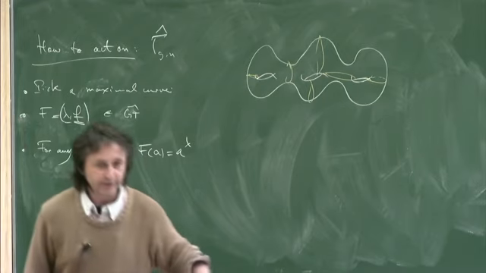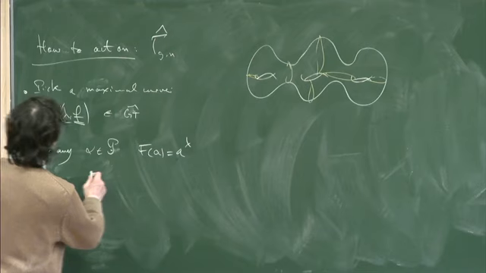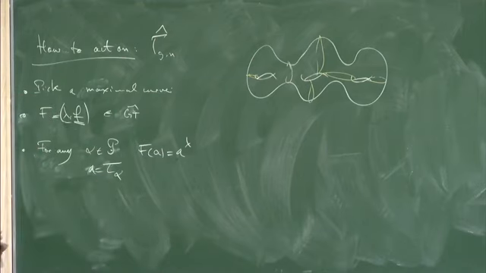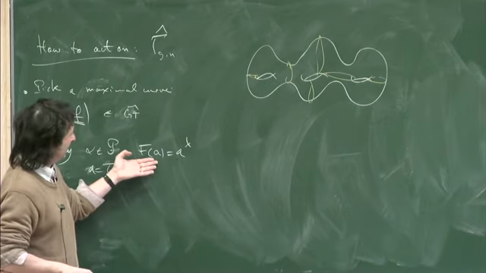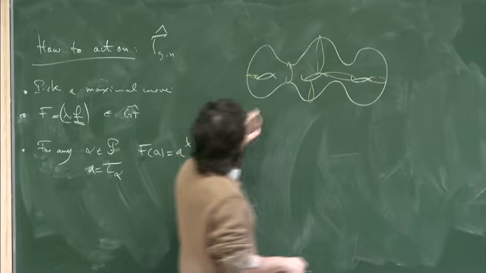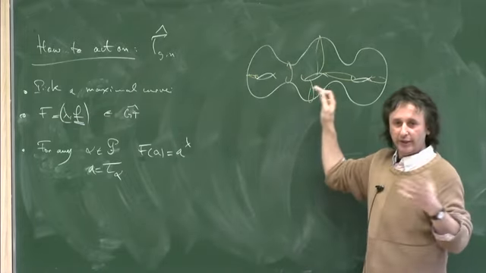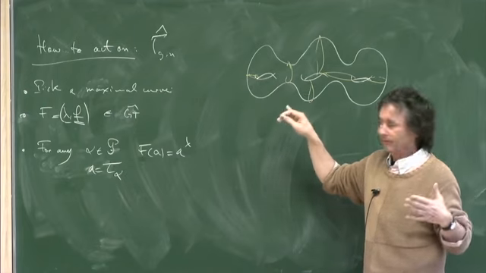So a is the twist along alpha, so a equals tau alpha. And you decree that nothing happens, except for this lambda.